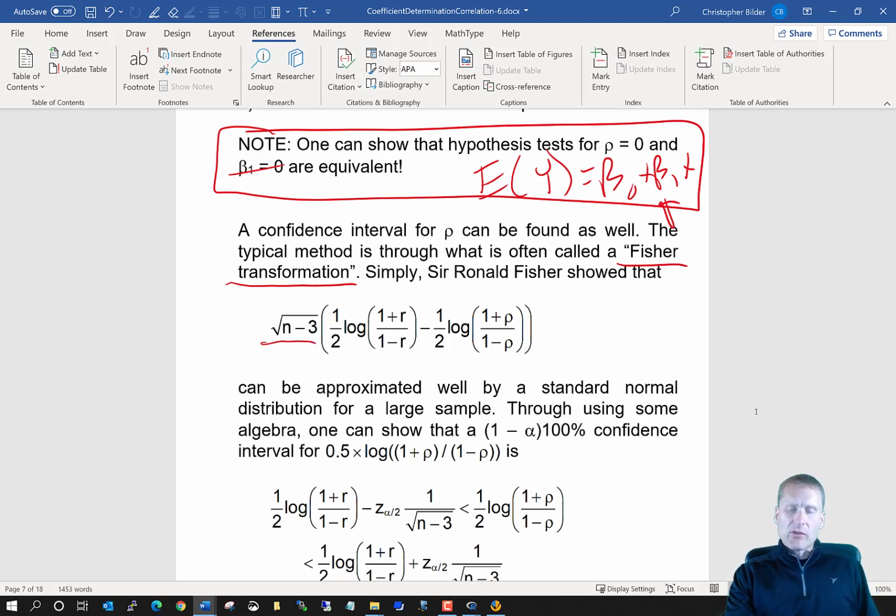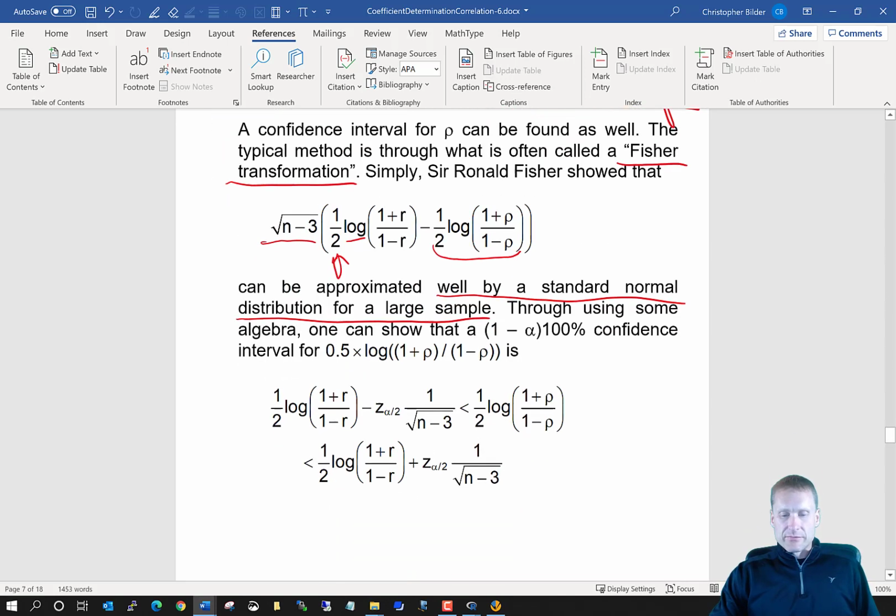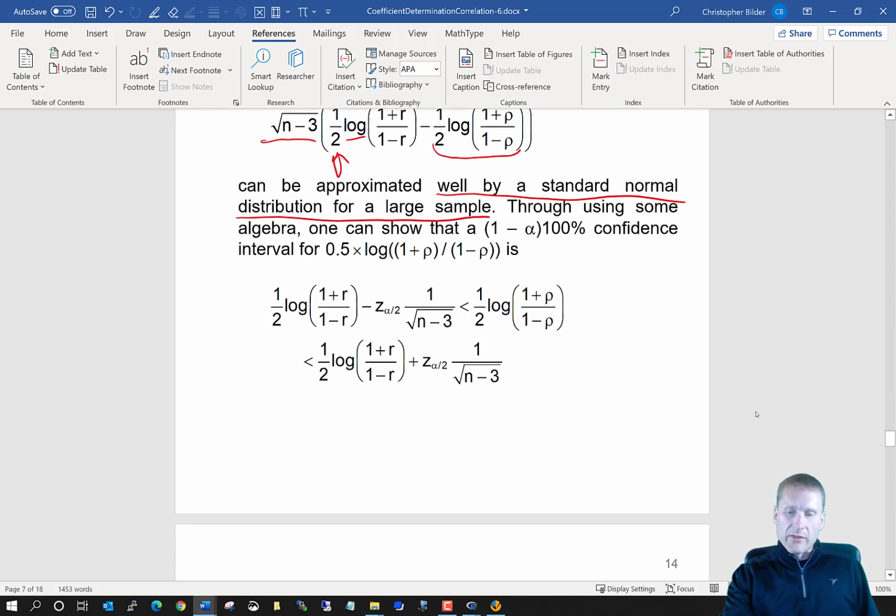If I take the square root of n minus 3 times 1/2 times the natural log of (1 plus r) over (1 minus r), and subtract off the same quantity but written in terms of rho instead of r, this quantity can be well approximated by a standard normal distribution for a large sample.